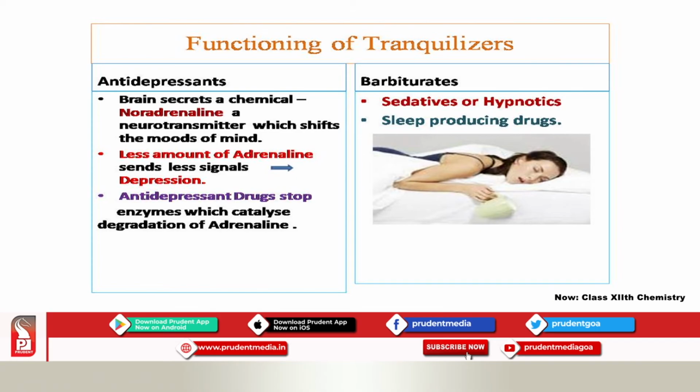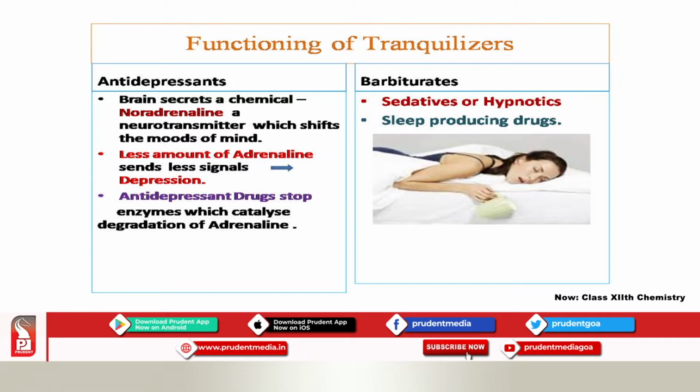How do these tranquilizers function? As antidepressants, our brain secretes a chemical called noradrenaline. This is a neurotransmitter which shifts our moods. If the body is secreting very little noradrenaline, then it will send fewer signals to our body and the person is said to suffer from depression.